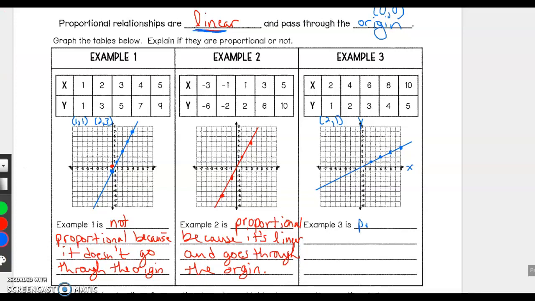So we're going to say it's proportional. Proportional because it's linear. And remember, linear is a straight line. And goes through the origin.